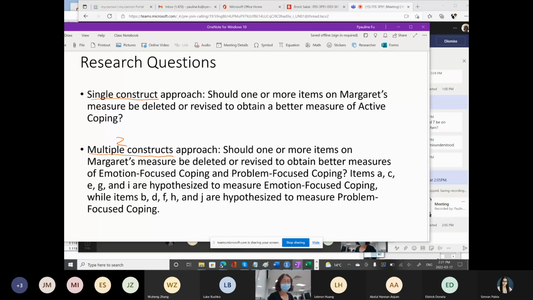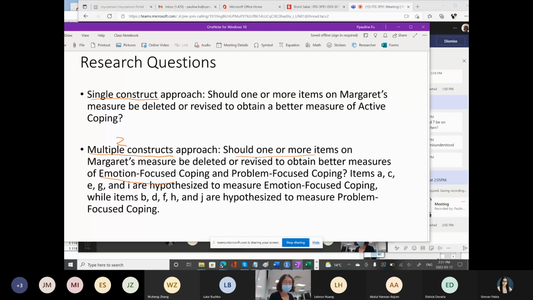And research question 2: should one or more items be deleted or revised to obtain better measures of emotion-focused coping and problem-focused coping?